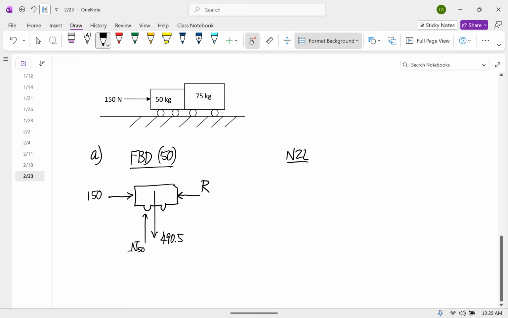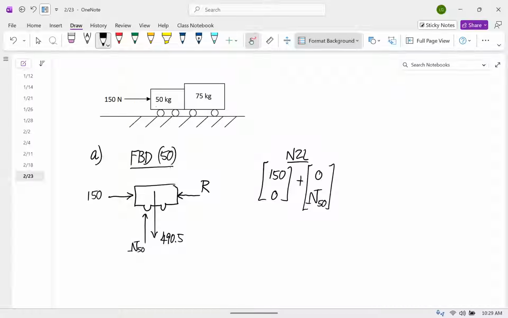So Newton's second law says 150, 0, plus 0, N50, plus 0, negative 490.5, plus negative R, 0 is equal to the mass times the acceleration. This thing is not going to jump off the ground or sink into the ground.